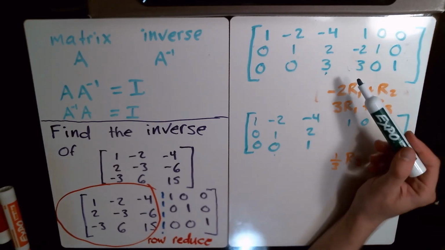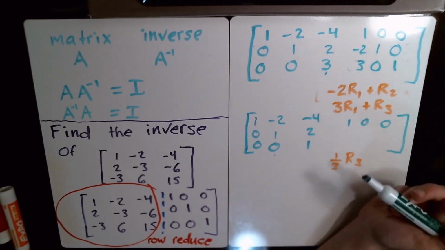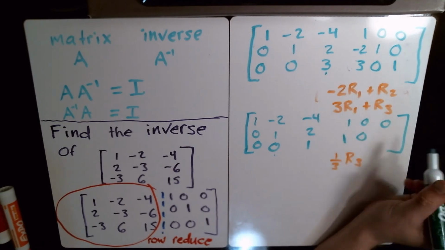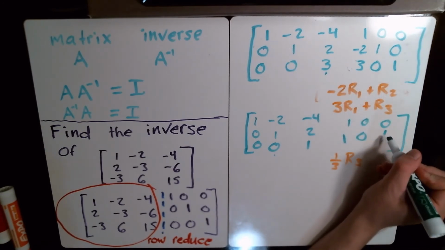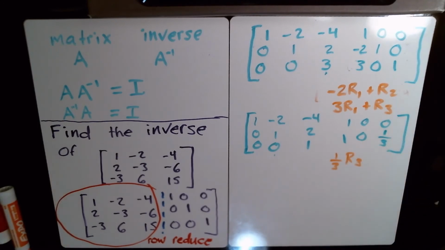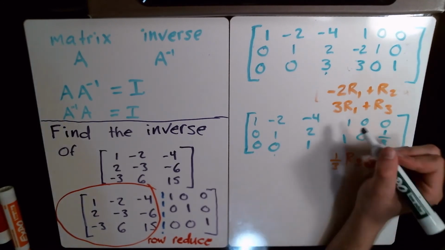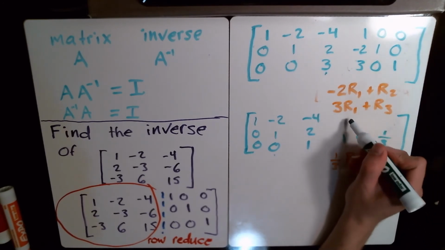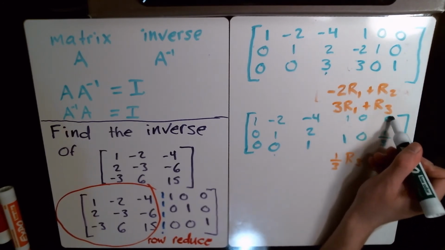And 1/3 times 3 is 1. 1/3 times 0 is 0. And 1/3 times 1 is 1/3. Oh, and I missed a row over here. Here, let's throw this in. -2, 1, 0.